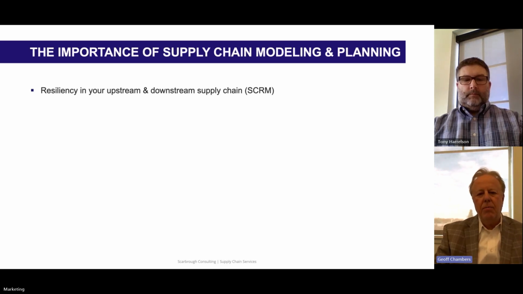One of the important parts of supply chain modeling is, number one, resiliency in your upstream and downstream supply chain, which is supply chain risk management. Now, when we think about the upstream dynamics in your business, it would be your customers. Your downstream would be your suppliers and vendors.